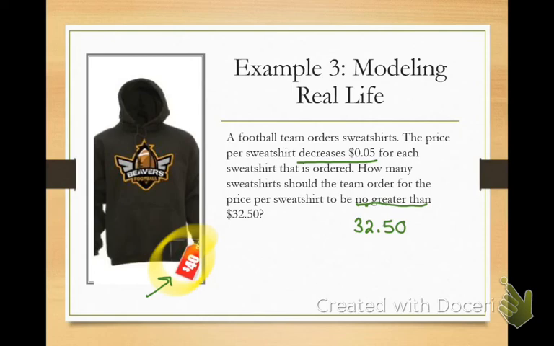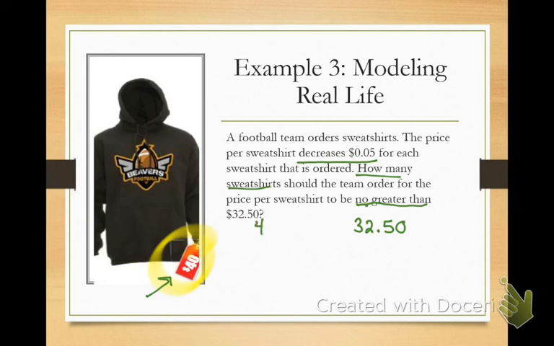Okay. So $40. All right. $40 is a value that is not affected by my variable. Okay. $40. 0.05 for each sweatshirt. Do I know how many sweatshirts I'm going to order? So that's where my variable gets attached.